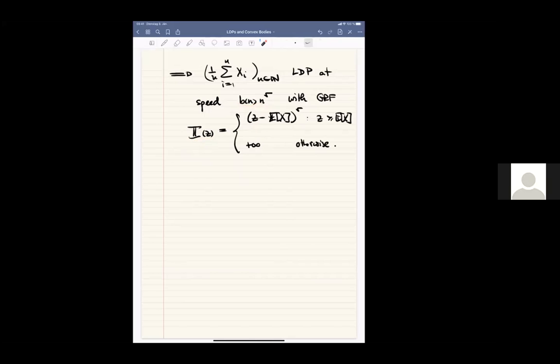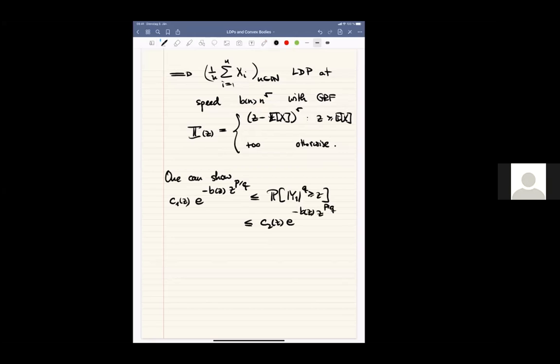One can show that we have indeed some nice functions such that the tail of the qth moment of a p generalized Gaussian behaves like this. I don't want to write it down explicitly, but what's interesting is just this part here.